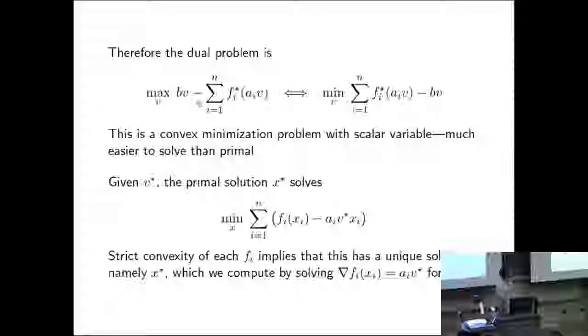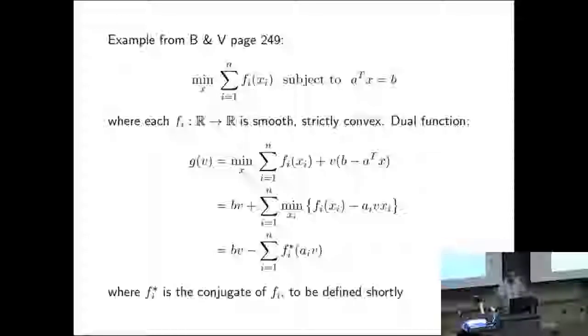The dual problem is to maximize the dual criterion, which we could equivalently pose as minimizing its negative. It's not so important, we can think about it either way. But the point is that this is a convex problem with just one variable. It's univariate, so it's much easier to solve than the primal, right? It's going to be much easier to solve versus this problem.